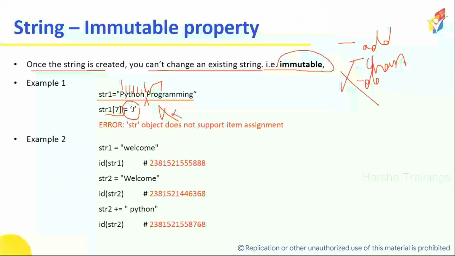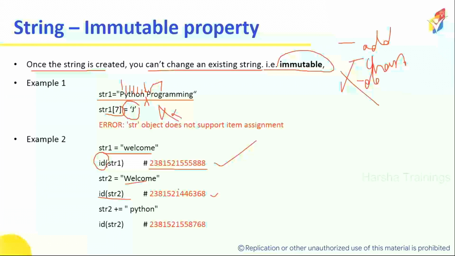Now, the second one, look here carefully. str1 is equal to small "welcome", and str2 is equal to capital "Welcome". Small welcome is stored in a different location. id is a function which gives a 12 digit unique location for every variable. Whatever variables you declare in memory are identified with a unique memory number. Now, id of str2 is different.